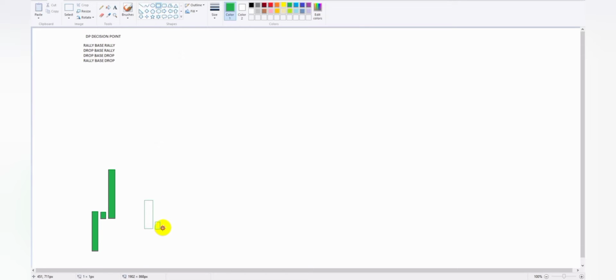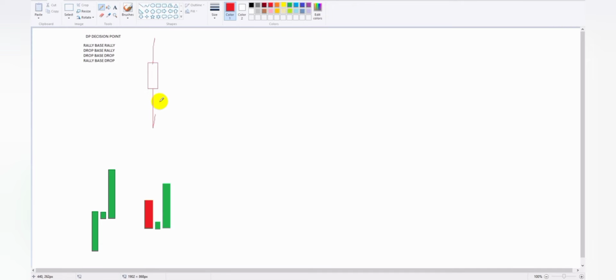The second is draw base rally. We will draw that, and it is like this. Then these are the same points we are drawing. So we will fill, and I will show how it will count.